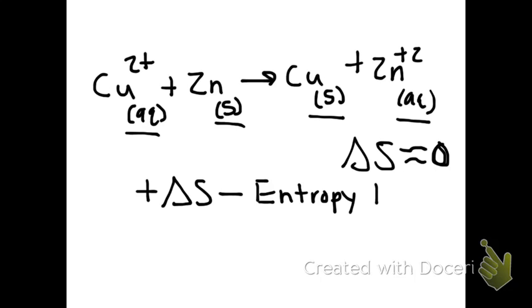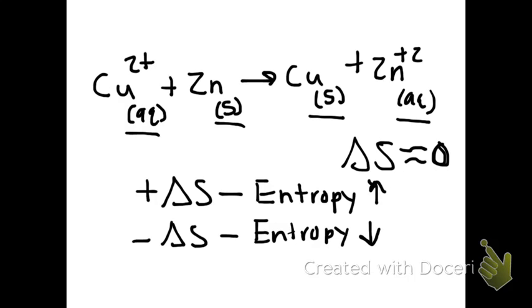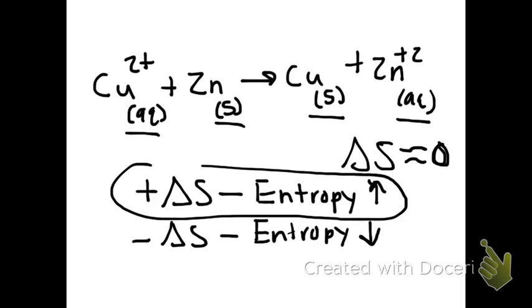It goes up. But if delta S is negative, then the entropy goes down, decreases. And this right here creates a more disordered state. And that's what we want, a more disordered state for a process to continue to occur spontaneously and naturally.